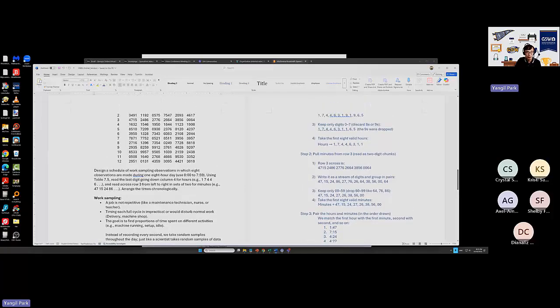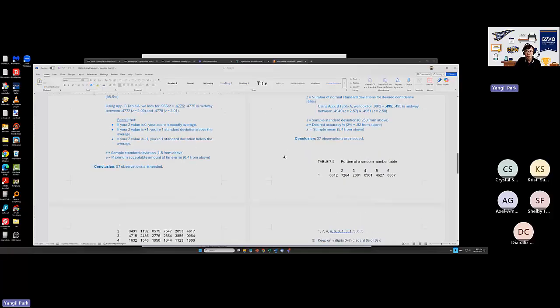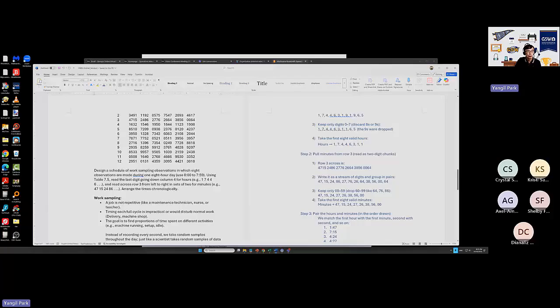You're going to use this table, and to do that we're going to use column 4, these numbers, and we're going to use row 3. Column 4 is for the hour, and row 3 is for the minutes format. Here's the detail.